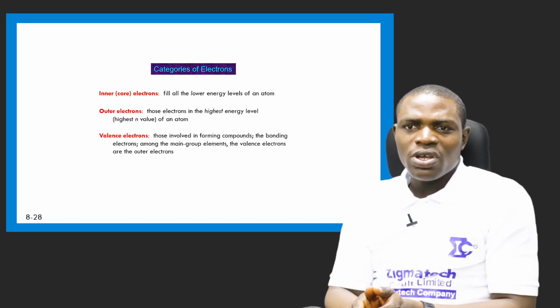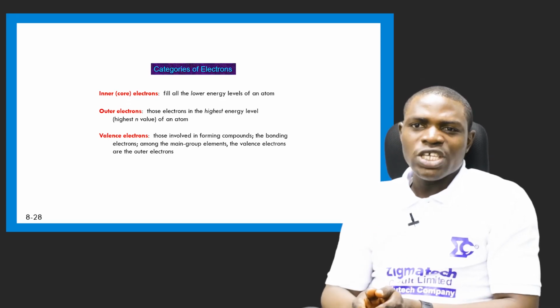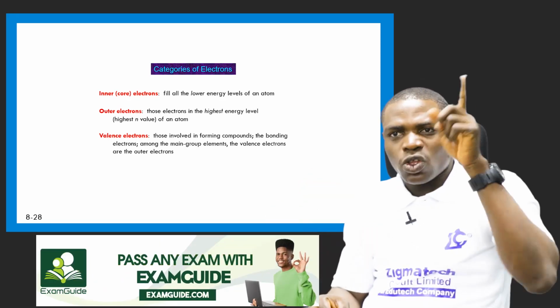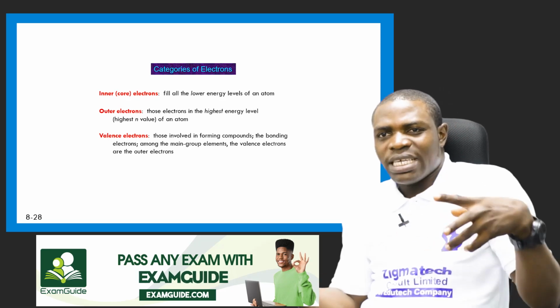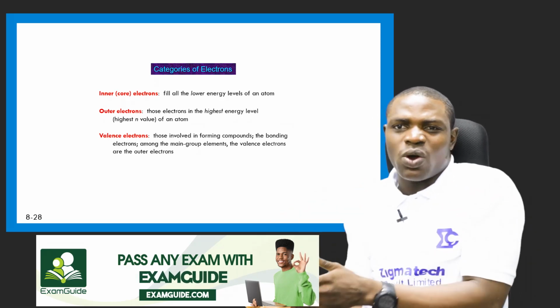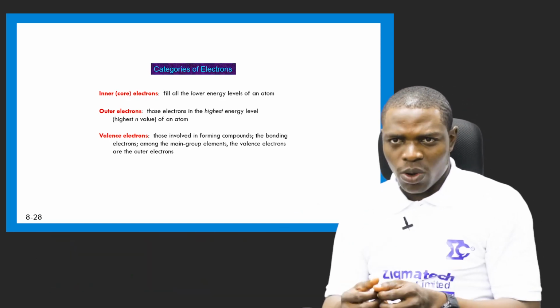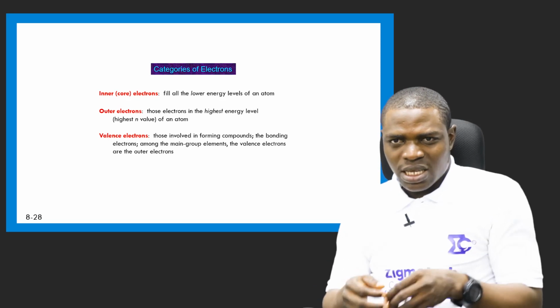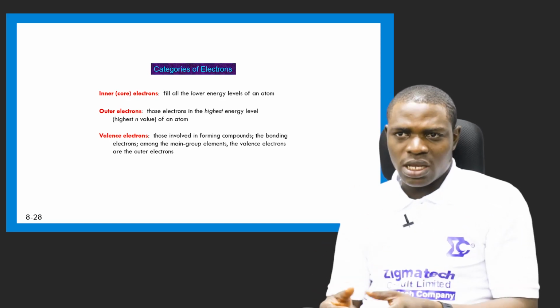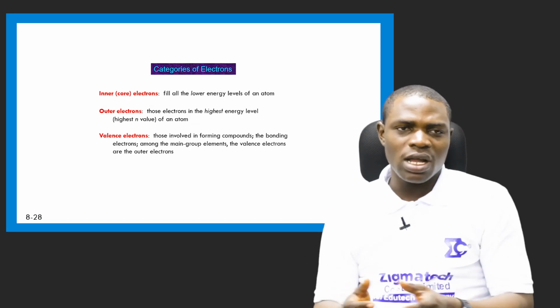They are not involved in any further chemistry analysis. It's only valence electrons, which is the third part. So the first one is the inner electron, the core electron. The other one is the outer electron, which is the second layer of the core electron. And then the last one is what we call valence electrons, that is, electrons at the outermost shell. So these are what is important fundamentally for further chemical analysis.